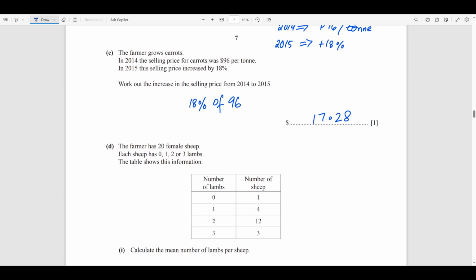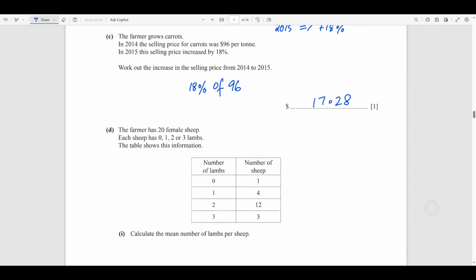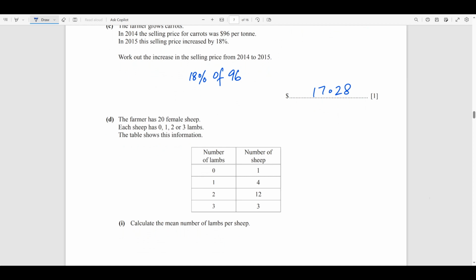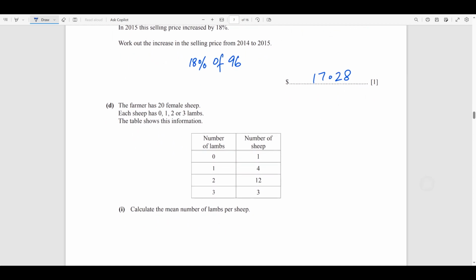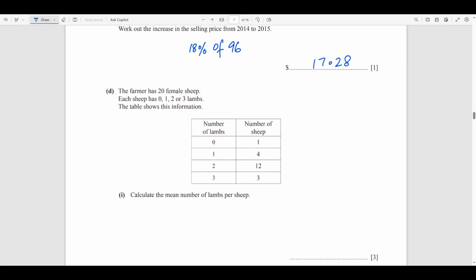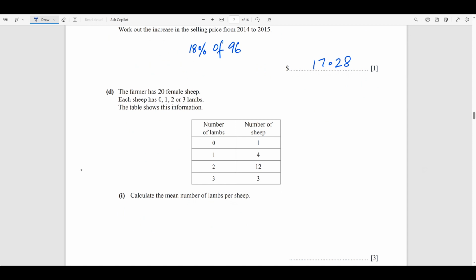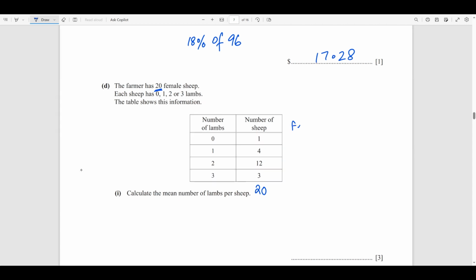The farmer has 20 sheep, each has 0, 1, 2 or 3 lambs. The table shows the information. Calculate the mean. Okay. So for the mean, we need to see how many total sheep there are. So it's 1 plus 4 plus 12 plus 3. It's already given, but you can still verify. It's going to be 20. And then for the mean, you need to calculate f times x. This is f and this is x.